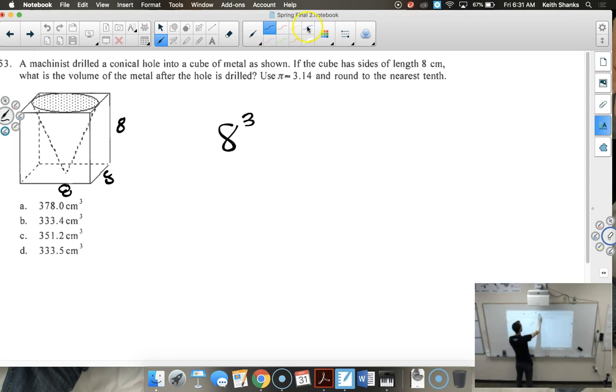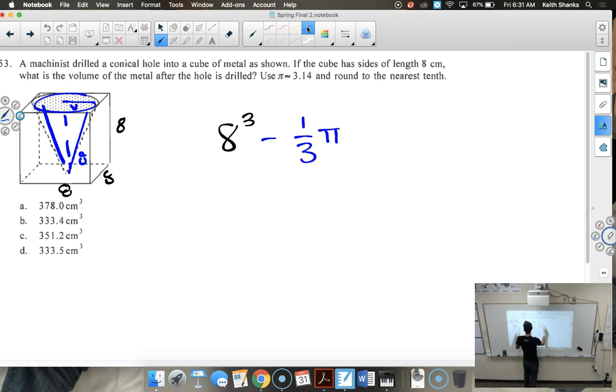The volume of a cone, notice a couple things, the radius would be 4, the height would be 8. So we're going to subtract 1/3 pi times the radius 4 squared. Okay, and you just punch that through on your calculator, you'll get your answer.